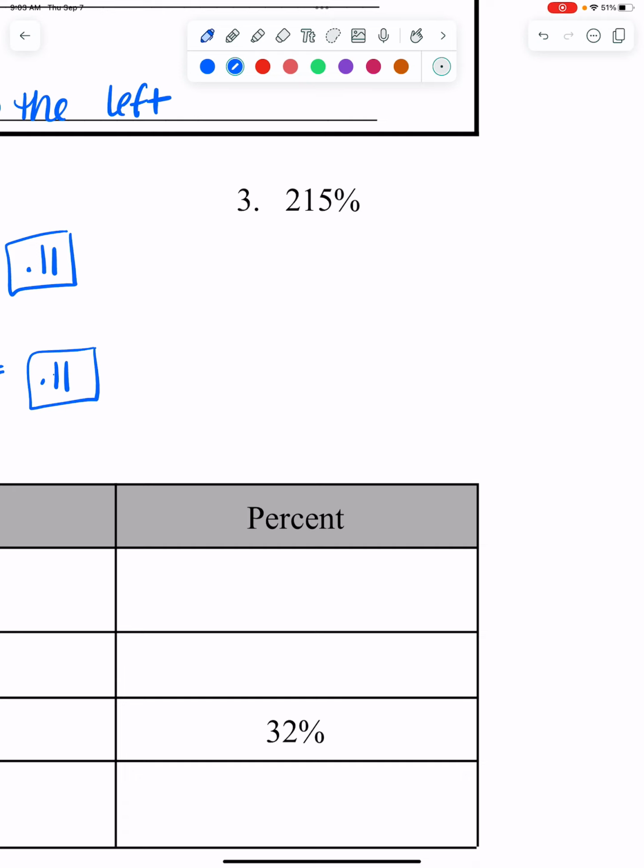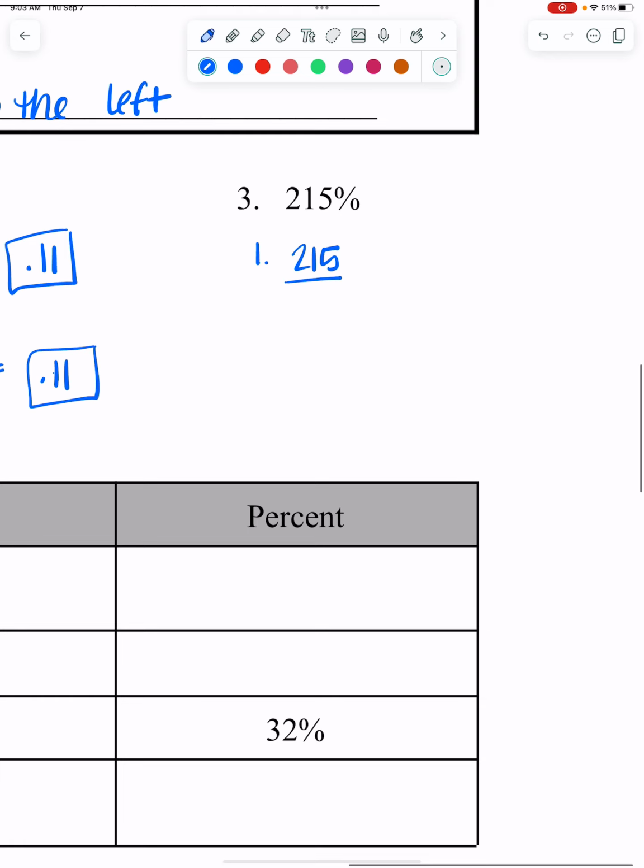The last one, I can divide by 100. I drop off the percentage. I divide by 100, and I get 2.15. This is the decimal equivalent for 215%.